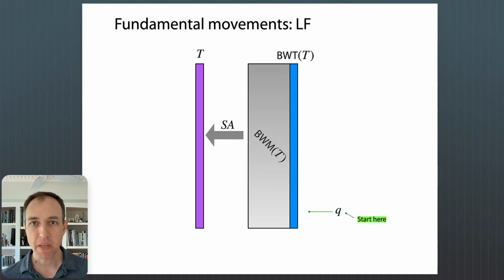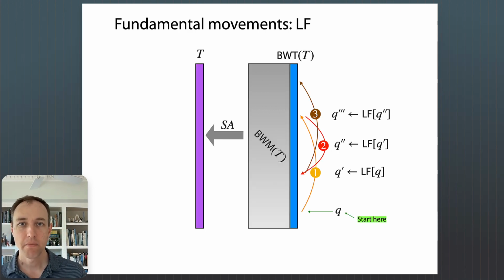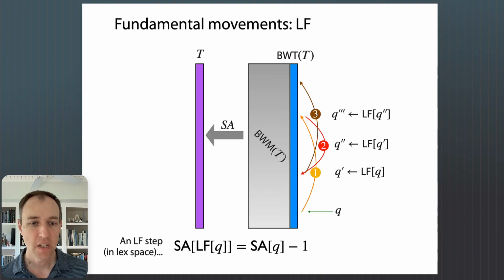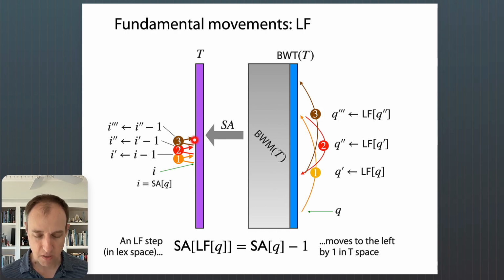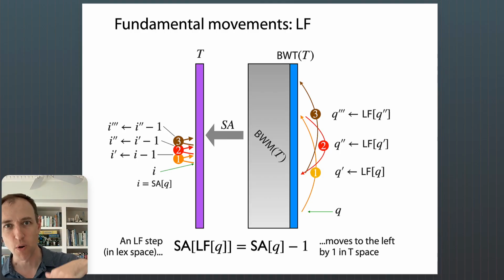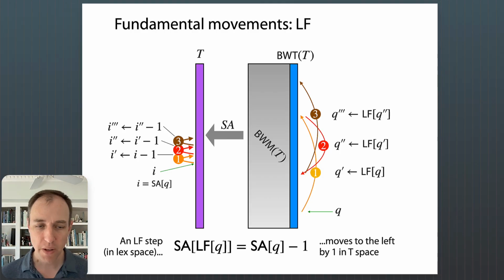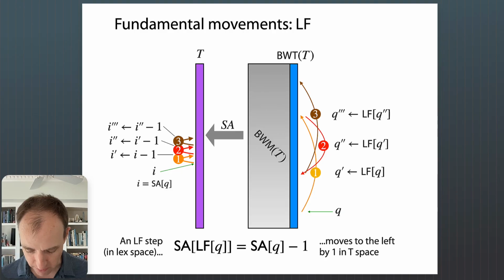We said the LF mapping causes us to make large unpredictable movements in lex space, but very predictable movements in T space, because essentially an LF step is moving one step to the left with respect to T. So those three steps labeled 1, 2, and 3, which look like big steps to arbitrary new places on the Burrows-Wheeler transform, are predictable because they're always leftward movements with respect to T. Each of these is just a move to the left by 1, or in this picture, where I've arranged T vertically, a movement up by 1. That's what this expression down here is reinforcing.